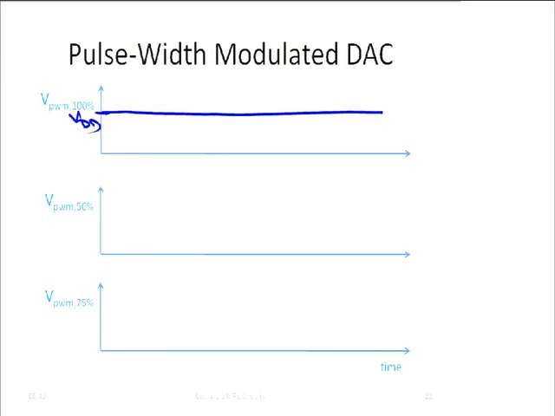The other easy case is, of course, if we want to put 0 volts, then we just tell the microcontroller, make it 0 and leave it there, right, for always and ever. What if we wanted to make it to, let's say, 3/4? Right? What we really want to do is a D2A converter. We want to produce voltages that go anywhere between 0 and VDD. How could we do that? How could we make it that it goes to 3/4?